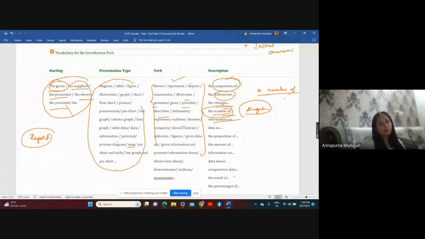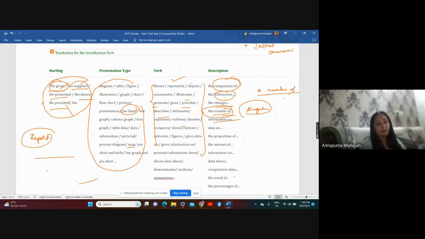So first, when you start off, you can take "the given." Then when you're explaining, you use "the presented," and then you use "provided," then you use "supplied." So while explaining, you have many phrases there. I'm giving you the hint. And also, say if they are giving some graph, a pie chart.